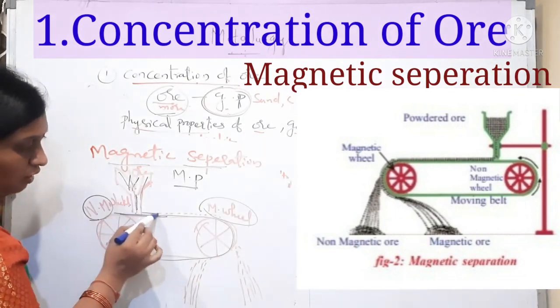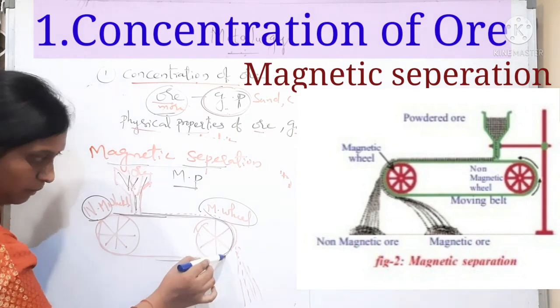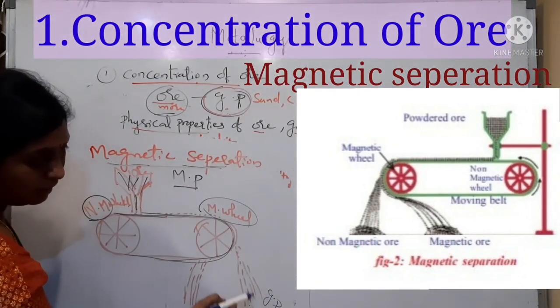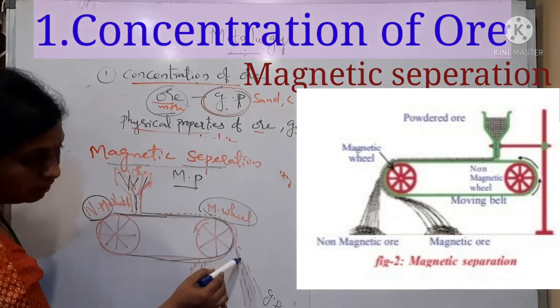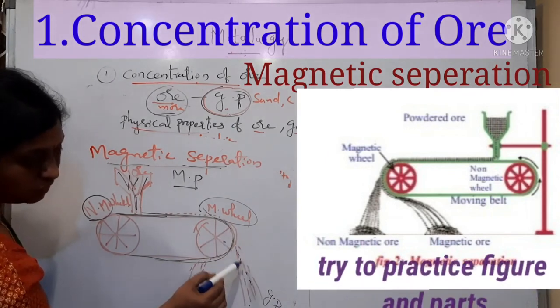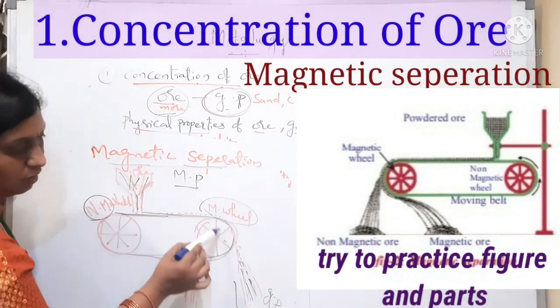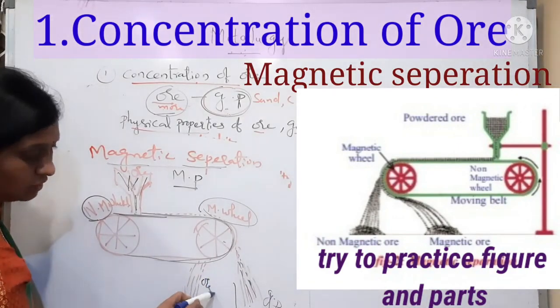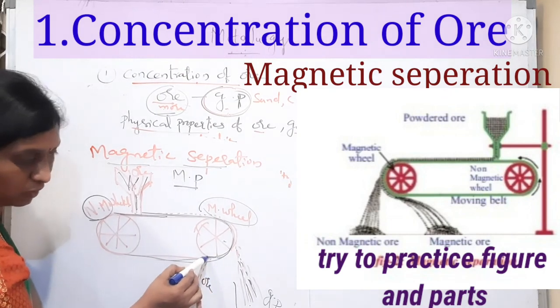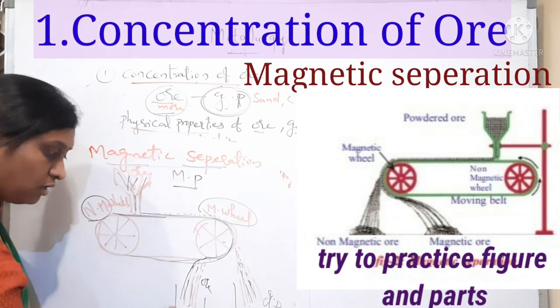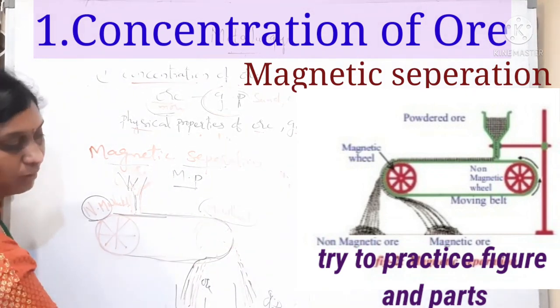As the ore passes along this belt, non-magnetic gangue particles, that means sand and clay particles, are not attracted towards the wheel, so they fall down here and are collected in a beaker. The ore particles, which are magnetic, stick to the magnet and fall here, and these are collected in another beaker, which is the ore free from gangue particles.